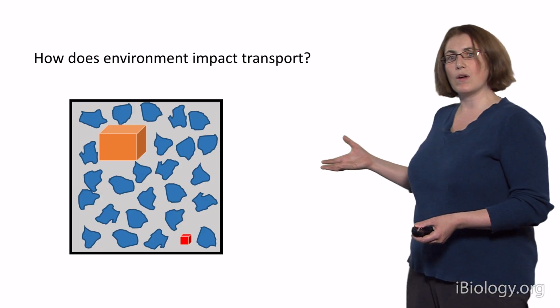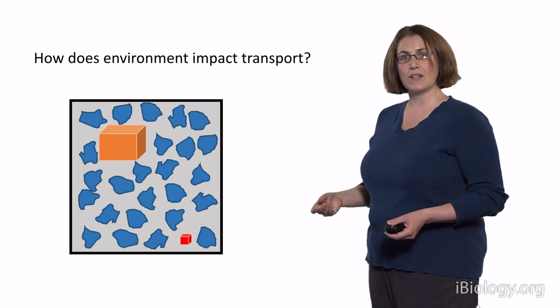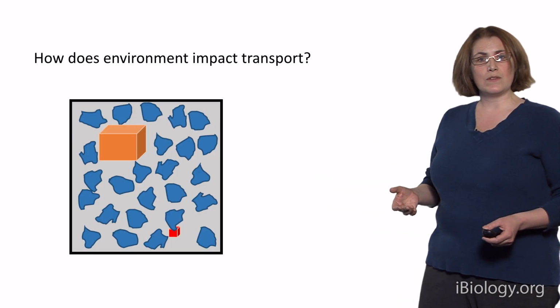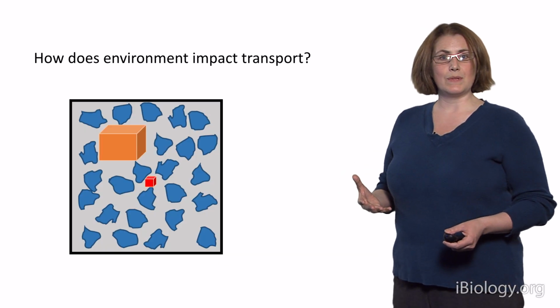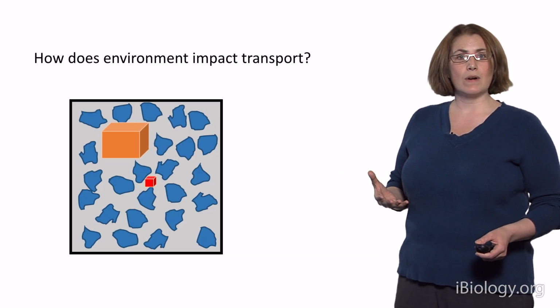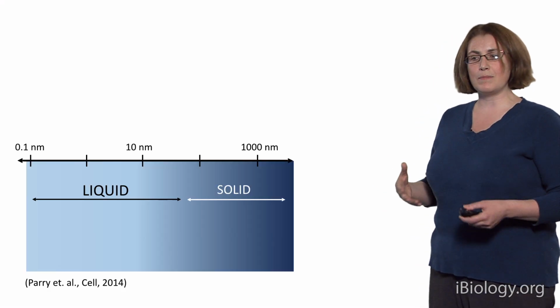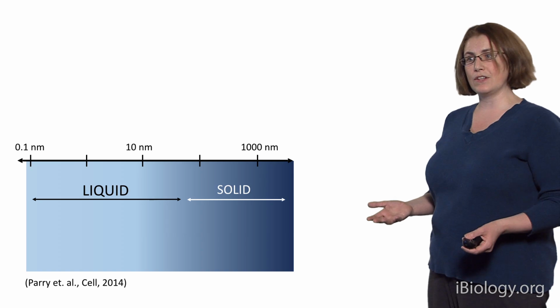If we just think about cargo moving in the cytoplasm, depending on your size, you're going to feel a different local environment. Small molecules are going to be able to diffuse rapidly and go in between the space of the globular proteins, whereas large cargo are going to be effectively trapped. This means that the type of material you're considering in the cytoplasm really depends on the length scale you're looking at.